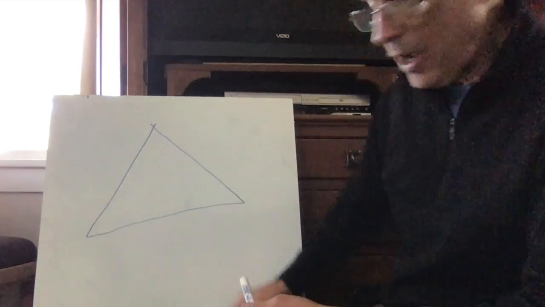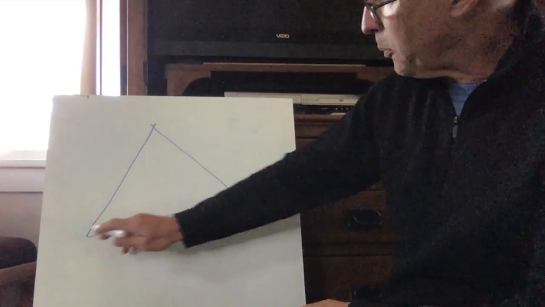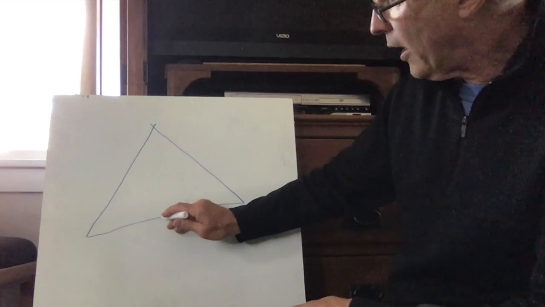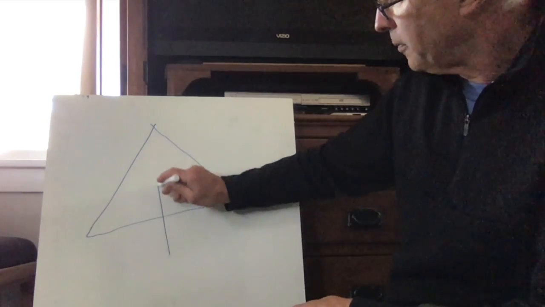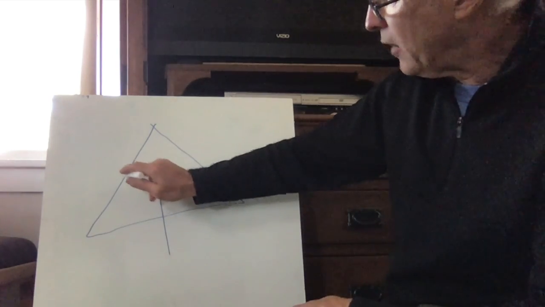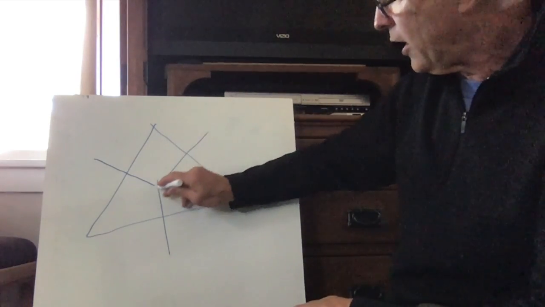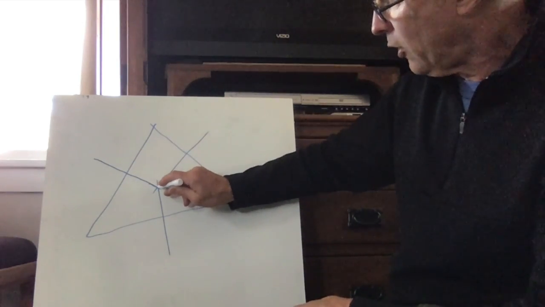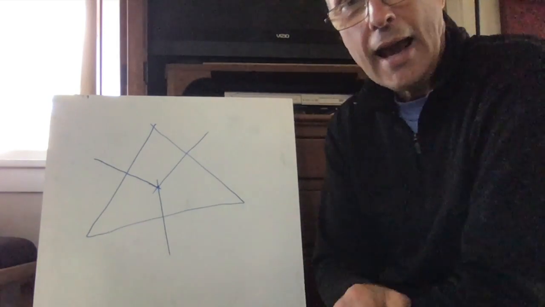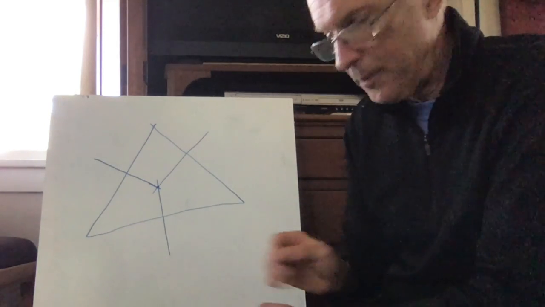So if I take a triangle and figure out the perpendicular bisector of each of the three sides, these are all going to meet at a point of concurrency.